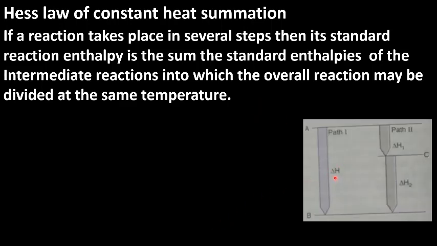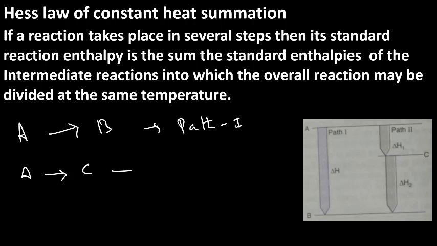Say a reaction takes place from A to B. The reactant here is A and the product is B. This A to B is path 1. Instead of converting reactant A to B directly, in the second path, in the first step it converts A to C, then it converts C to B. The enthalpy change for A to B is delta H, from A to C it is delta H1, and from C to B it is delta H2.